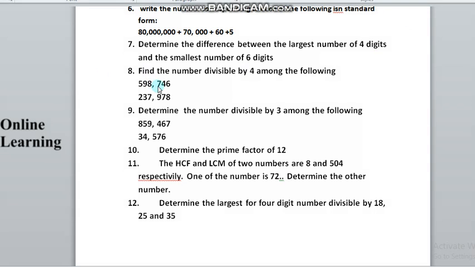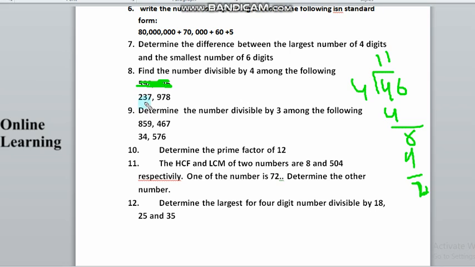Then we see 746. Again we will check the last two digits, 46, and 46 is not divisible by 4 because 4 ones are 4, then 6, and 4 ones are 4. There will remain a remainder, so 46 is not completely divisible by 4. Then both of these numbers are not divisible by 4.